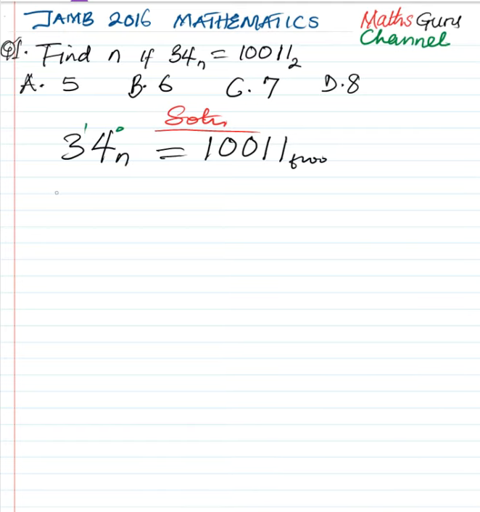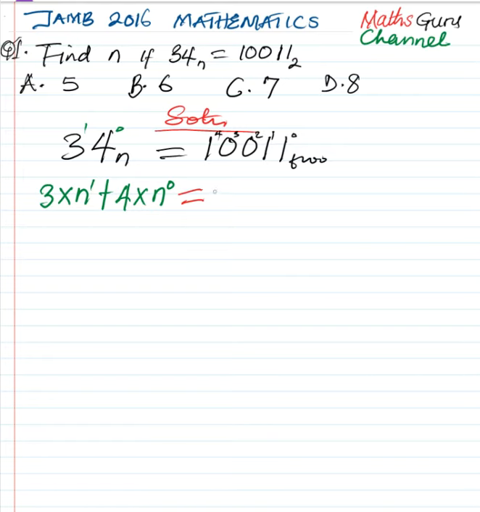0, 1. So we can now say 3 times n raised to the power of 1 plus 4 times n raised to the power of 0 equal to the other side of the expression, which should also be converted to base 10. We have 0, 1, 2, 3, 4.